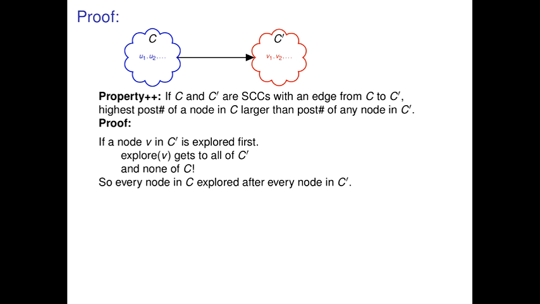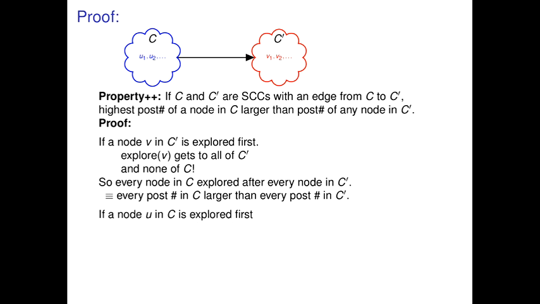So in that case, we're good. What's the other case? This is also equivalent to saying every post-order number of C is larger than every post-order number in C prime. The post-order numbers are telling you when they're explored, or when they're popped off the stack.